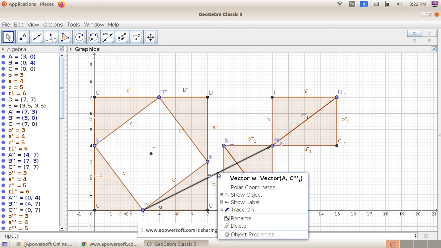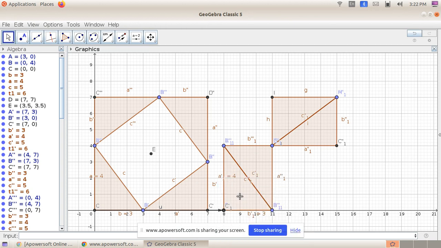Again, right click it, show object. Again, here also right click it and show object. So all those lines have gone, all those vectors have gone. So now I have placed these two triangles here and these two triangles here.